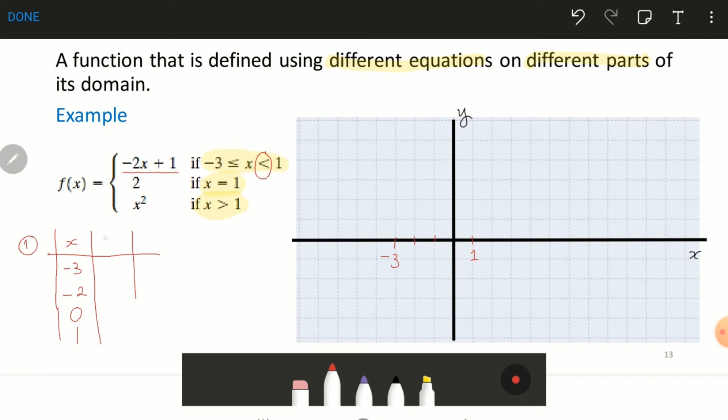Now the y for -3 is -2 times -3 plus 1, which is 7. We also have 5, then 1, and then -1. However, be careful, x = 1 is not included in the first part of the domain.